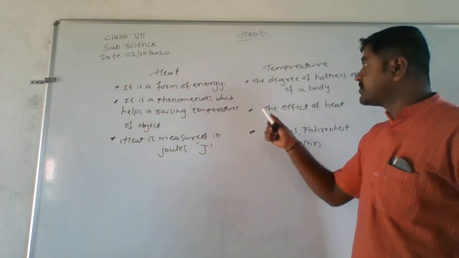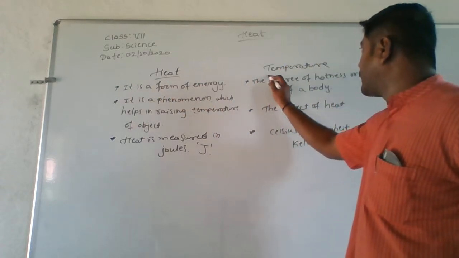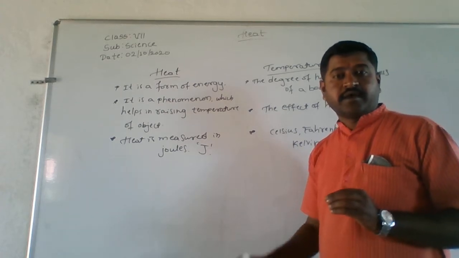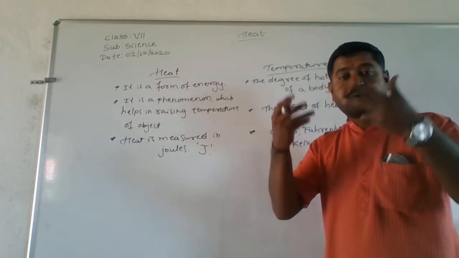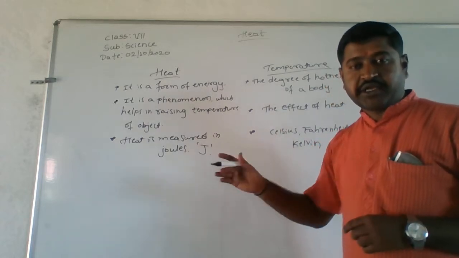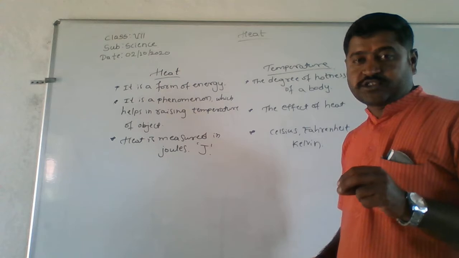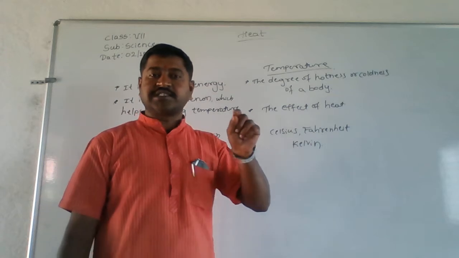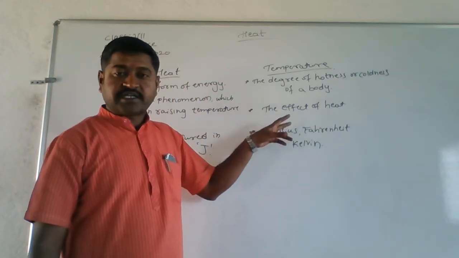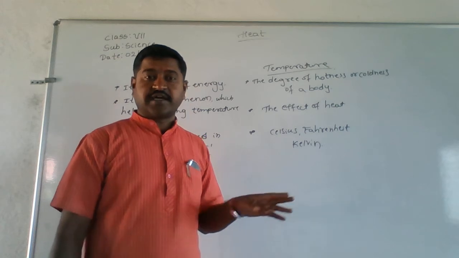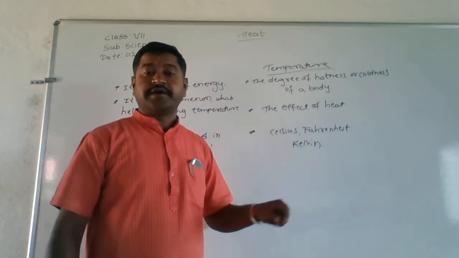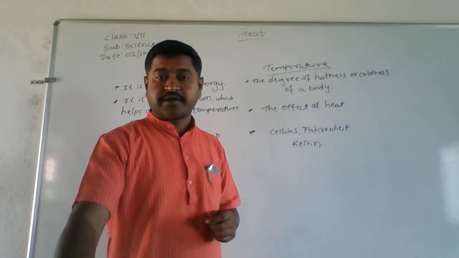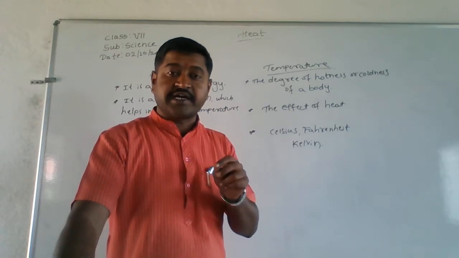So these are the differences between heat and temperature. Heat is a form of energy. Heat is a phenomenon which helps to raise the temperature of the object, and heat is measured in terms of joules. Whereas temperature is the measure of the degree of hotness or coldness of an object. This temperature is the effect of heat. Then this temperature is measured in terms of the Celsius, Fahrenheit and Kelvin scales. Clear? So this is the difference between heat and temperature.